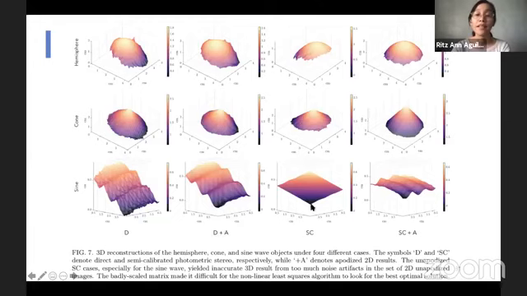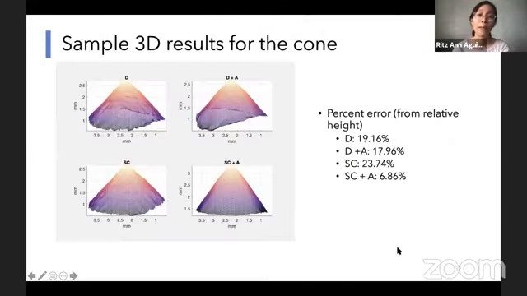Then applying the semi-calibrated photometric stereo, we were able to remove this tilt due to differing sensitivities and exposures. Finally, with the semi-calibrated photometric stereo algorithm combined with apodization, we were able to create accurate 3D images of the cone, the hemisphere, and the sine wave object.